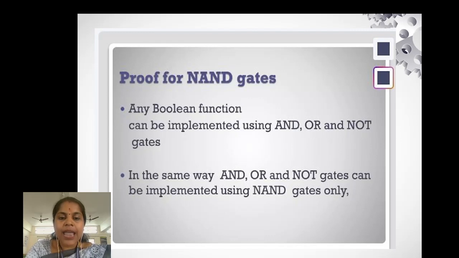Therefore, if NAND gate can generate these operations, then any Boolean function can be generated using NAND alone. This proof is important because it forms the theoretical foundation for universal gate implementation. In the next few slides, we will see how NOT, AND and OR gates are possible using only NAND gates.